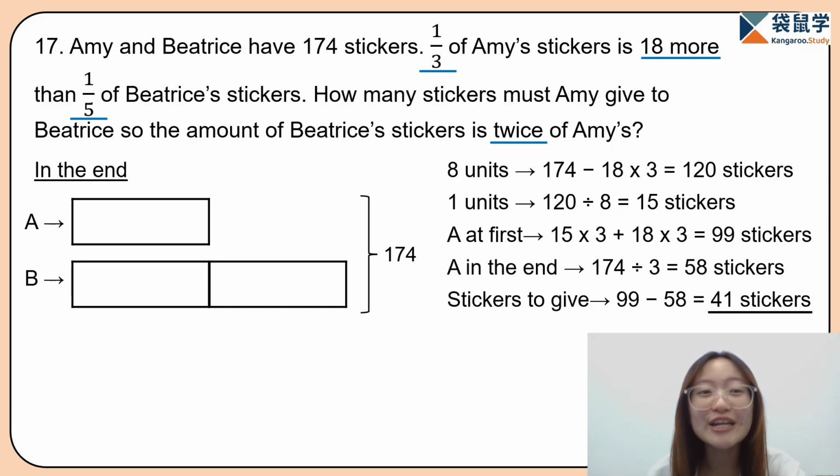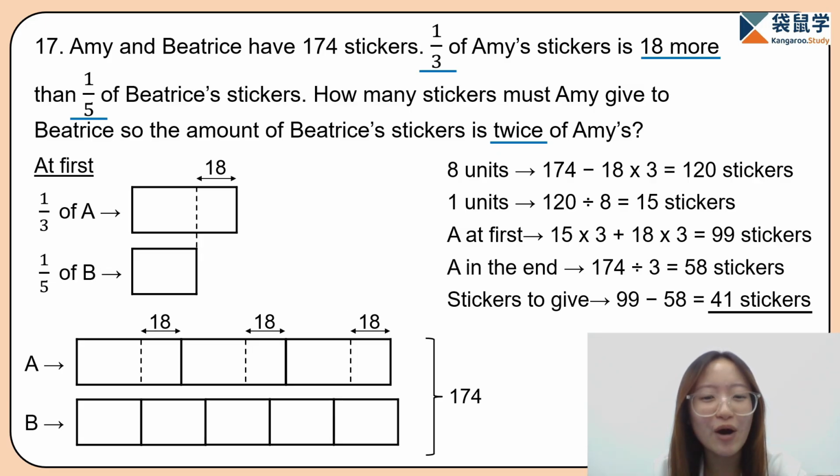Let's summarize so that you will be able to do other questions like these in the future. So let's take a look at what we did first. Our model first, we were given the difference of one part of A and one part of B. So we can draw the above model for each part and the one below for the total. So we can draw two types of models.